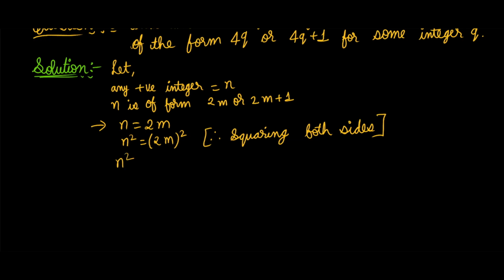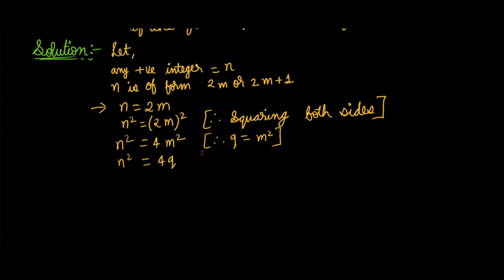So n square is equals to 4m square. So here we can take q is equals to m square. So we can write n square is equals to 4q. So we got first form, which is 4q.